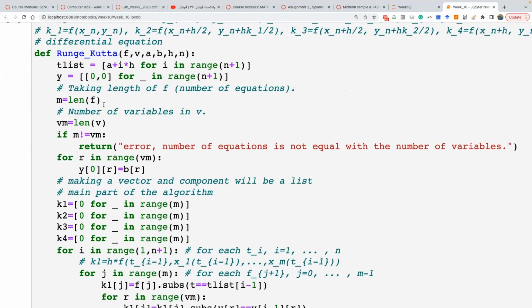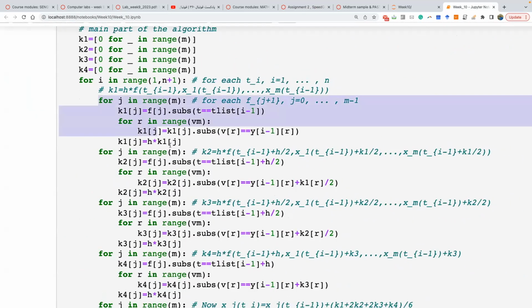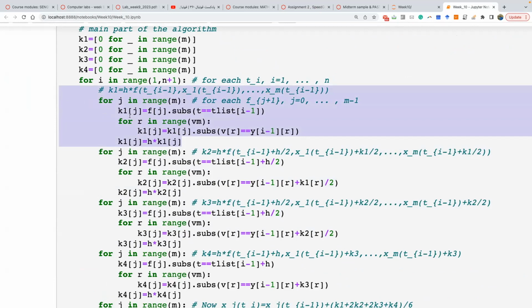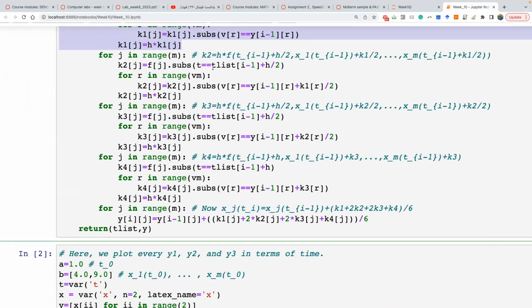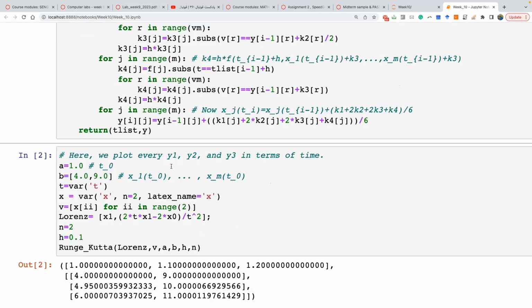Can we do it in one dimension Runge Kutta and replace the old-fashioned Runge Kutta? Yes, you need to get rid of this part. You need to make it like this, okay? But we don't do it now. So Runge Kutta, no panic, everything is the same. Instead of writing K1, I have repeated K2, 3, 4. So you can do this.